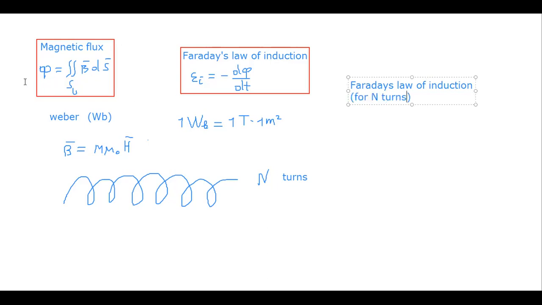In this case, we have that electromotive force is equal to minus d psi by dt.